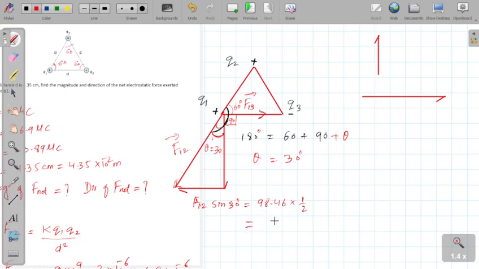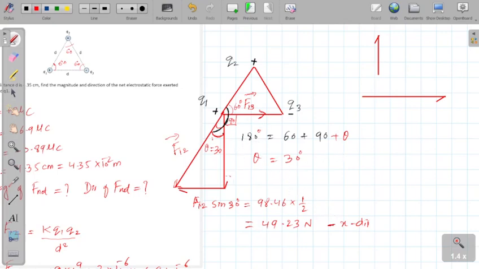So this becomes half of this, 49.23 Newton. The direction of this force is the negative x direction.